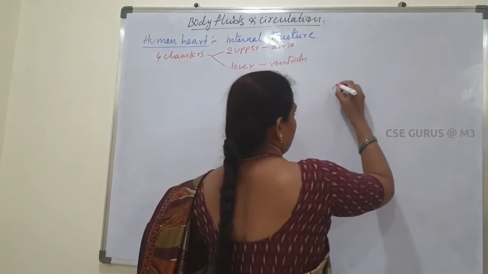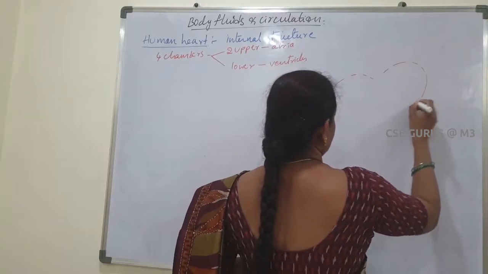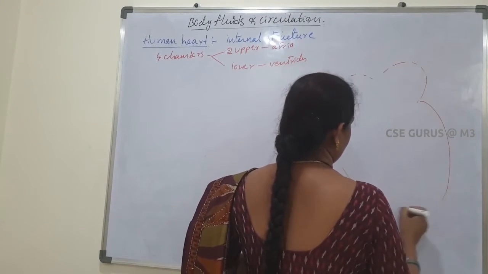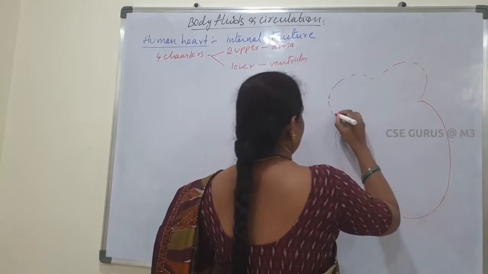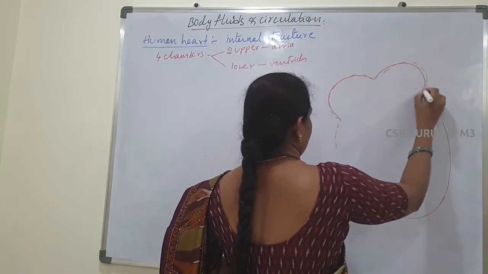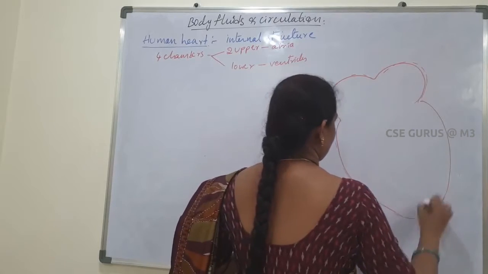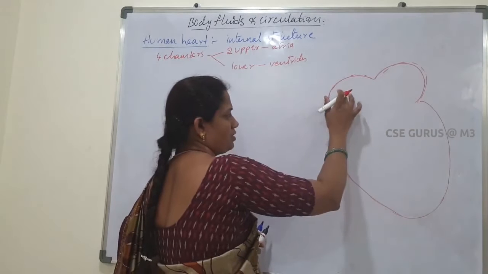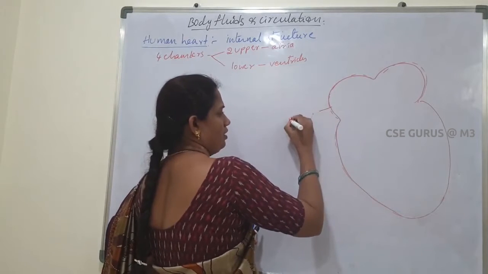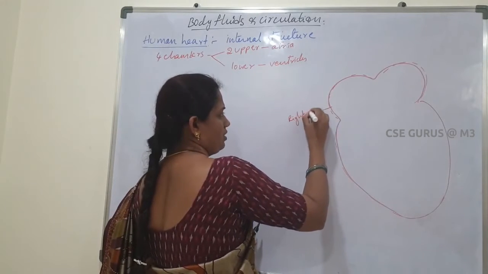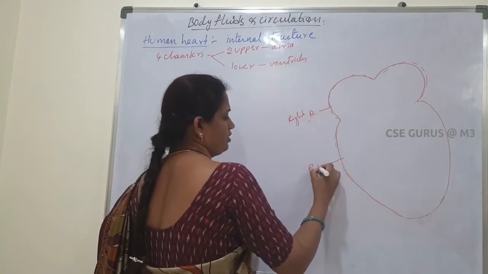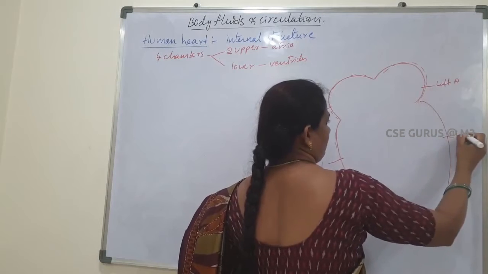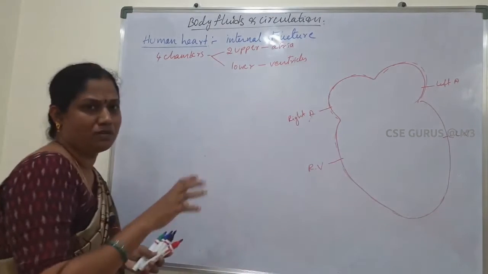So for example, this is the atria, the upper chambers. This is the right atria and right ventricle, left atria and left ventricle. So 4 chambers are present.